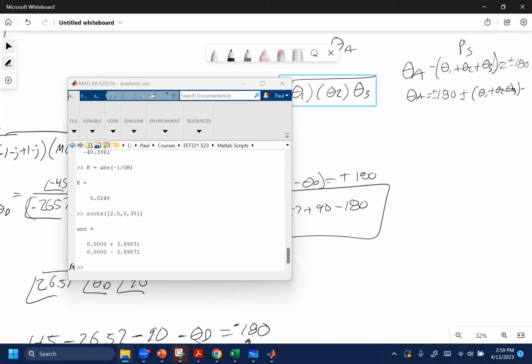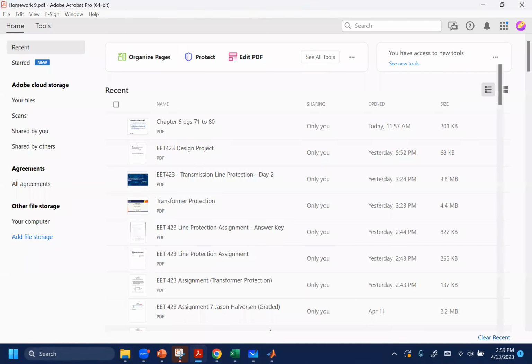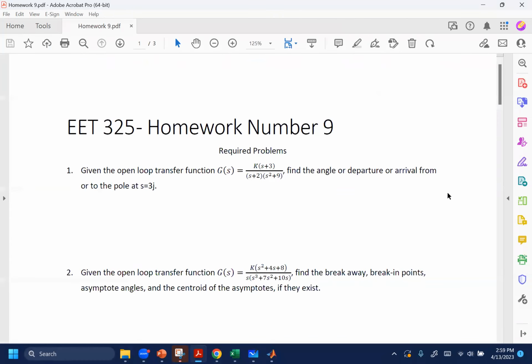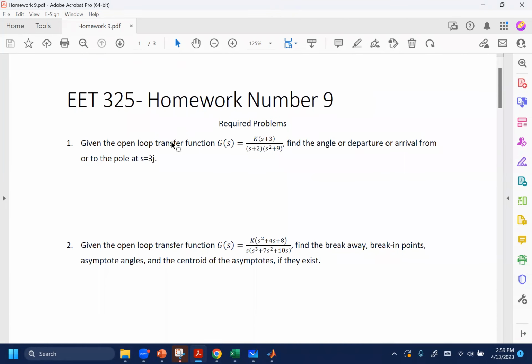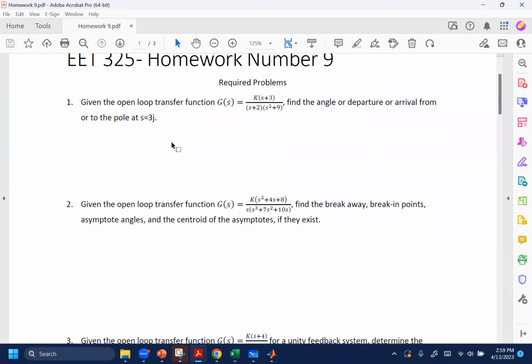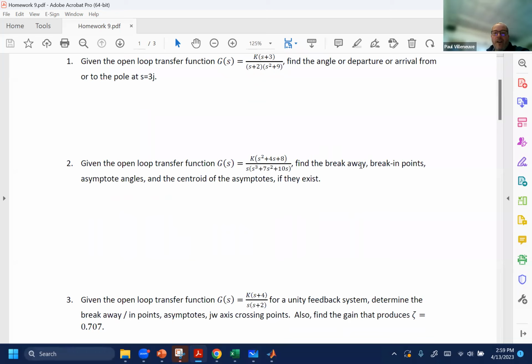Yeah, I get that the third problem on the homework is totally about the class that we just took, but homework problem number 2, I wasn't sure how to start. Problem number 2. Yes. So find the breakaway points. Those points, you're going to take the partial.